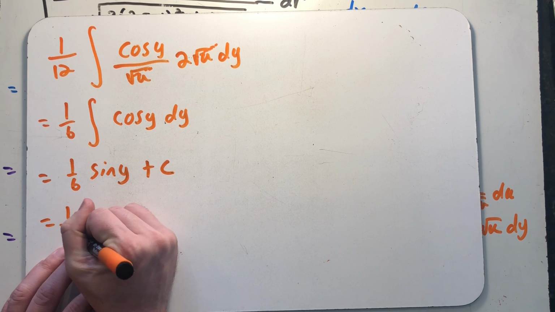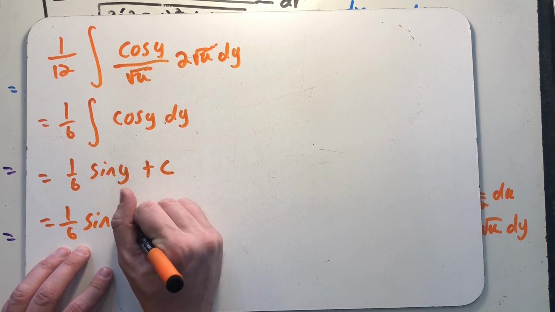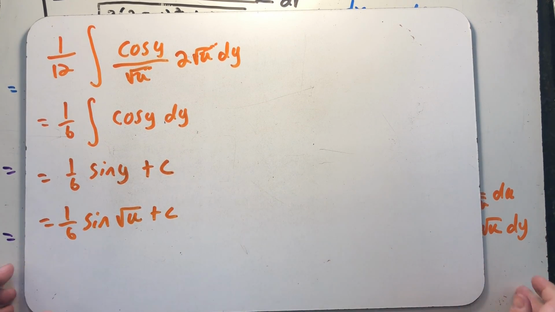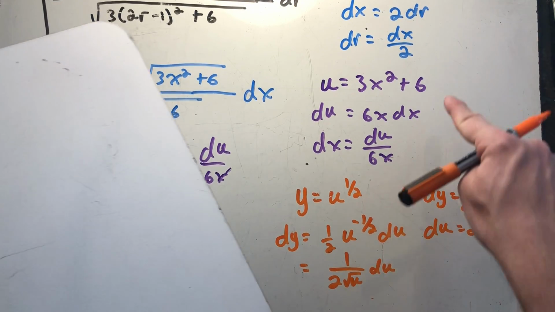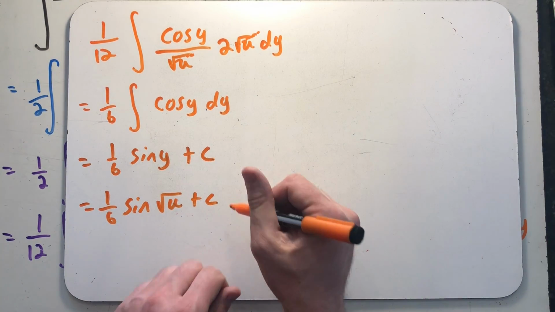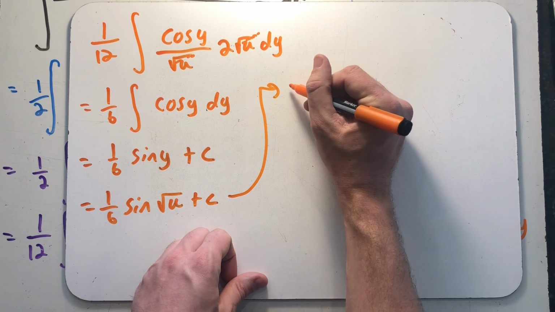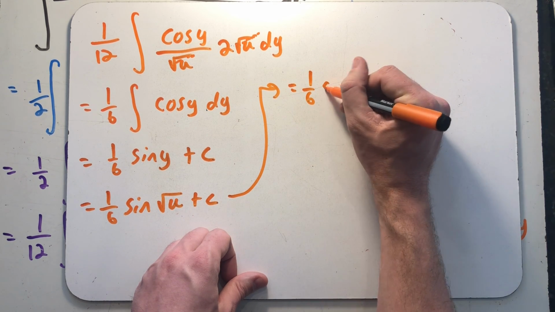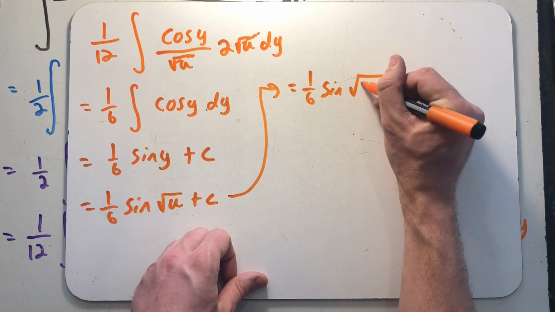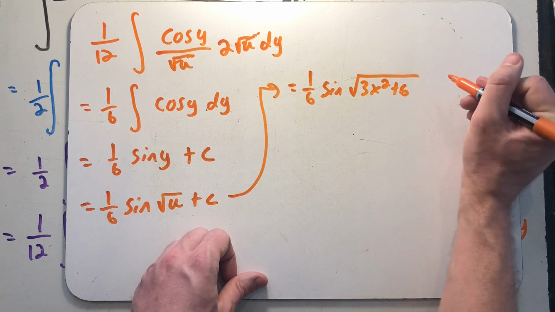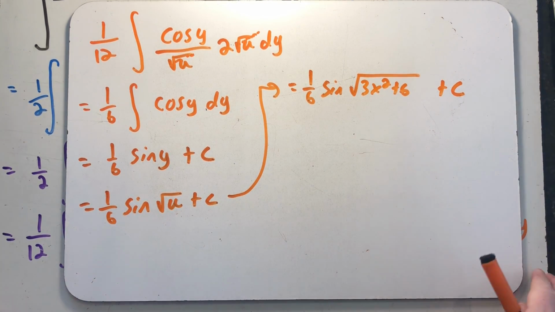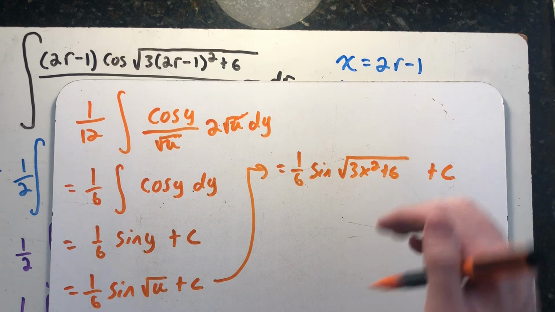So y is the square root of u. All right, u is 3x squared plus 6. And then finally, x was equal to 2r minus 1.